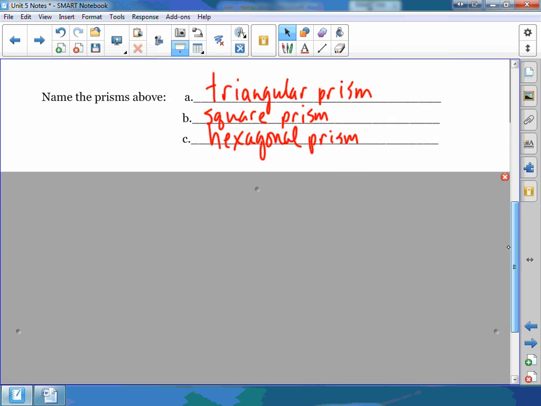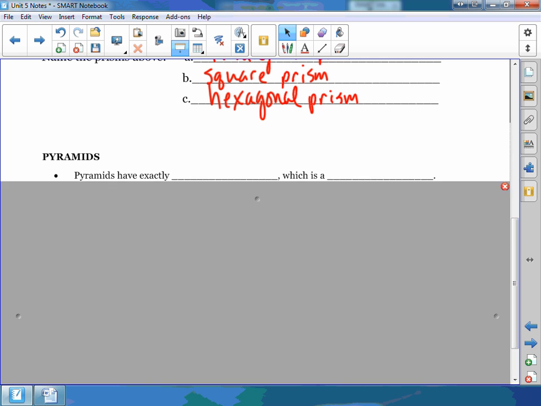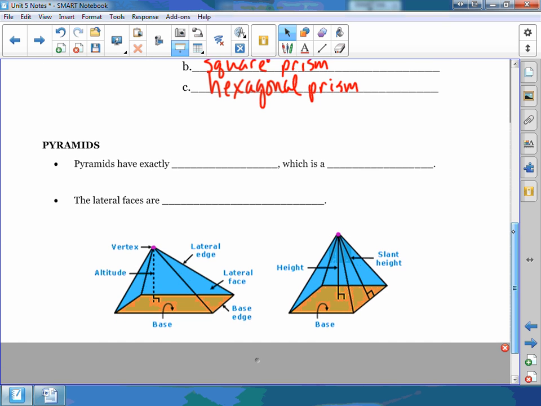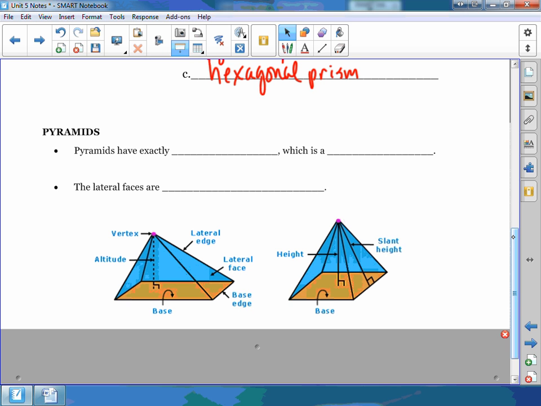All right, moving down. So we had two different types of pyramids floating around for you guys to analyze. Either one had the same characteristics. Pyramids have exactly, now the groups I stopped and talked to about this, I probably should have clarified that I wanted the word one here, probably to assist you a little bit. But it has one what? Riley.